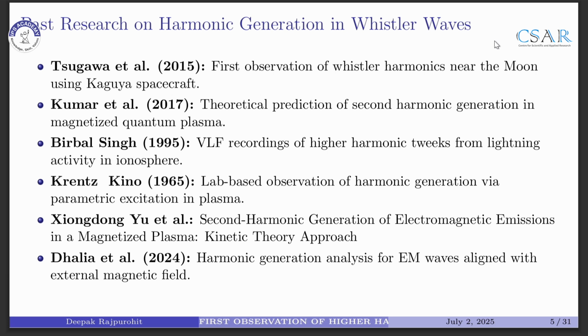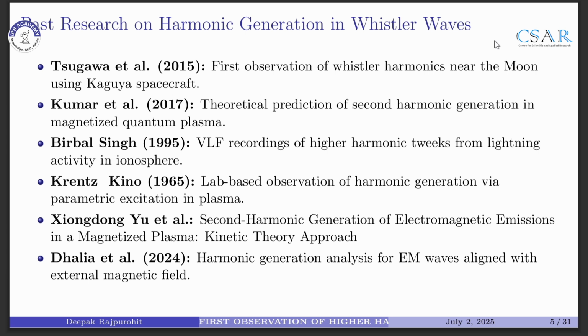Then Kranz and Kino, in 1965, reported in the lab the first observation of higher harmonic generation via parametric excitation in plasma. Then Jiandong Yu at Wuhan University also observed higher harmonic generation phenomena from satellite data, and he did analytical work to analyze this data, giving a kinetic theory approach, a Vlasov-Maxwell approach.